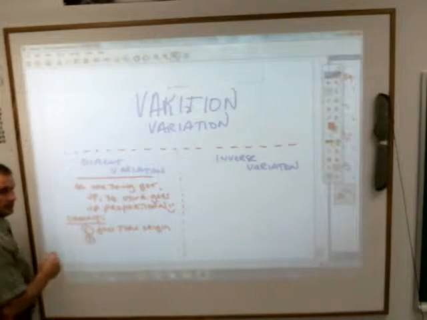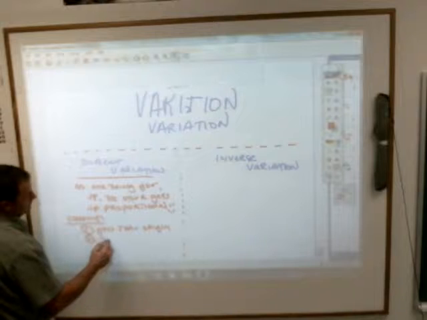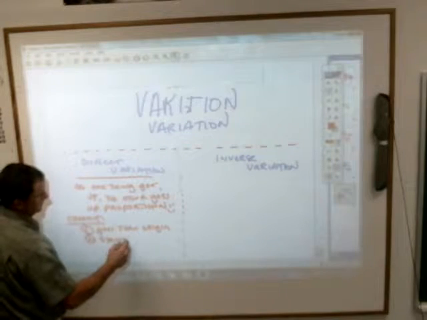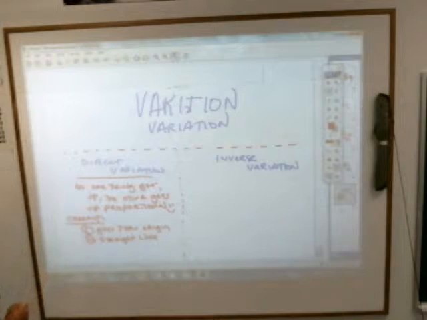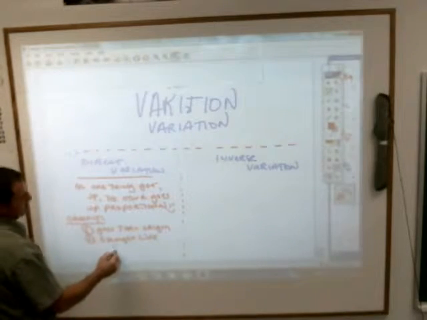It had to be a straight line. As the book says, another way to think about it is it has to have a constant factor.